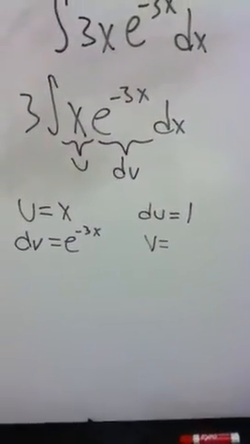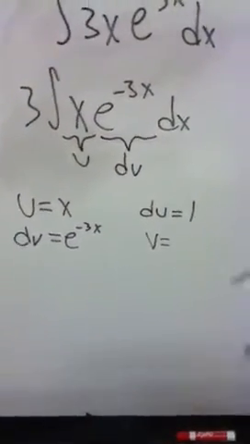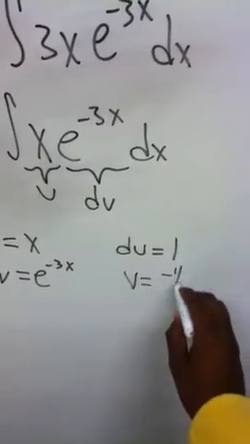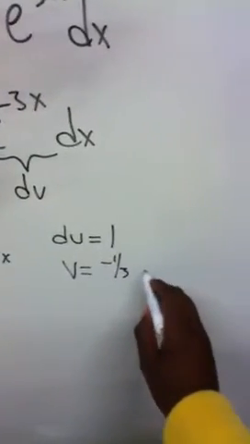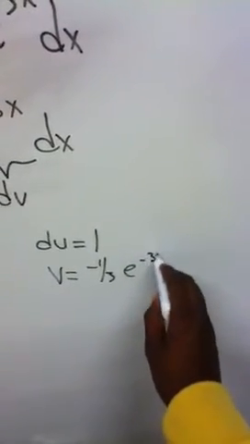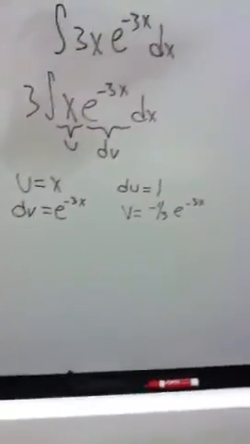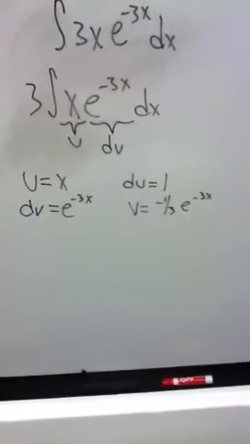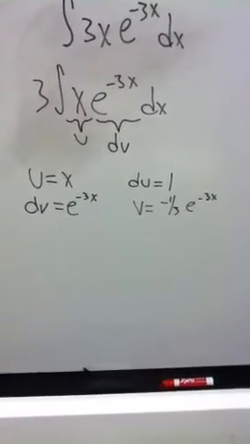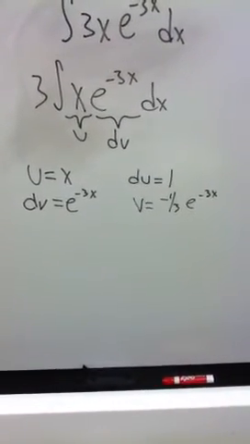So the integral of that would be negative 1/3 e to the negative 3x. Because you know the integral of e to the x is just e to the x. And then you also have to be able to solve the inside function.